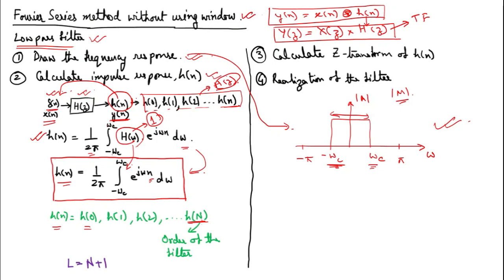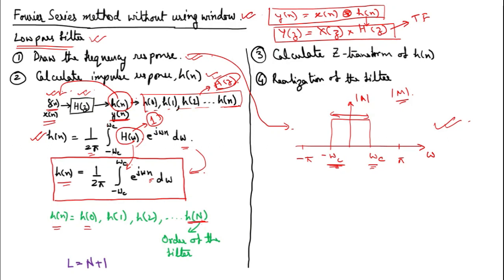Okay, so what is the order of the filter? The order of the filter is basically given by the highest power of the polynomial in the denominator. Why in the denominator? Because previously the general statement was the highest power of the polynomial of either the numerator or the denominator.